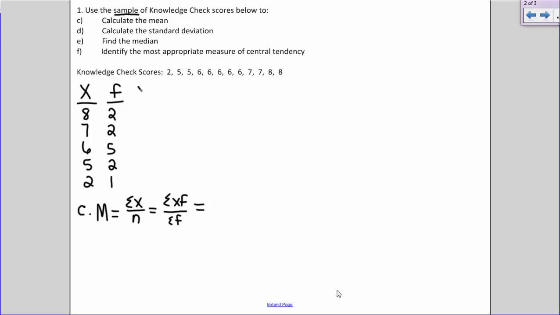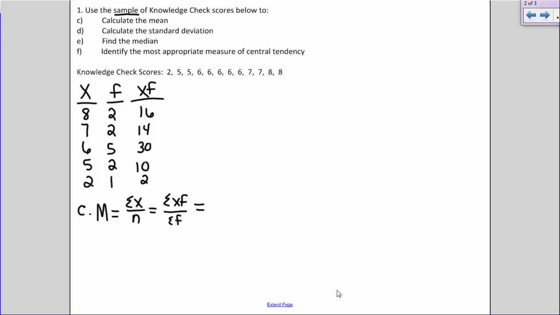Okay, so xf. Multiply each x by its respective frequency. So we have 16, 14, 30, 10, and 2. All right, so that tells us the sum of x.